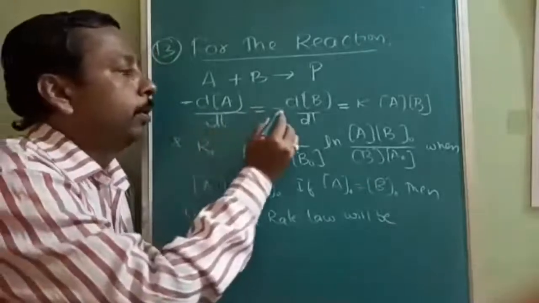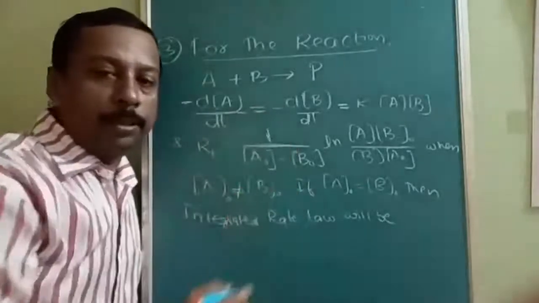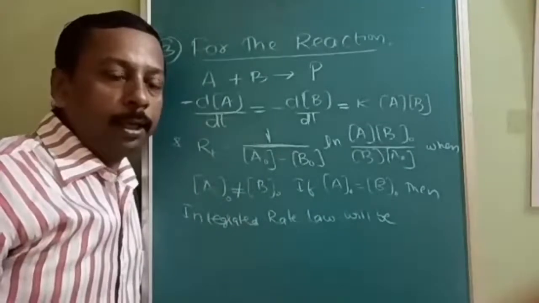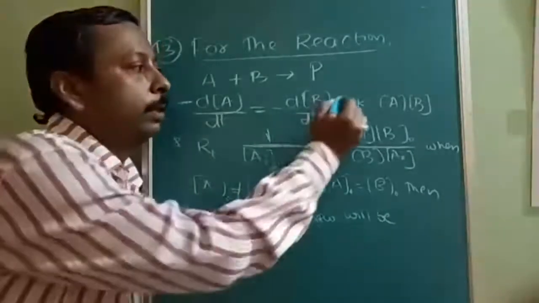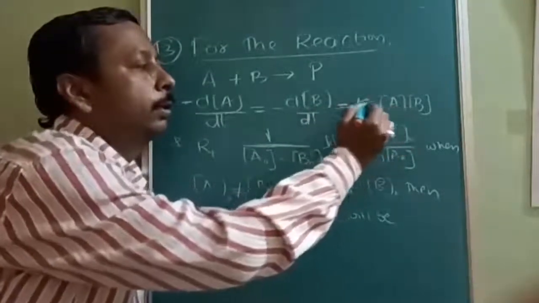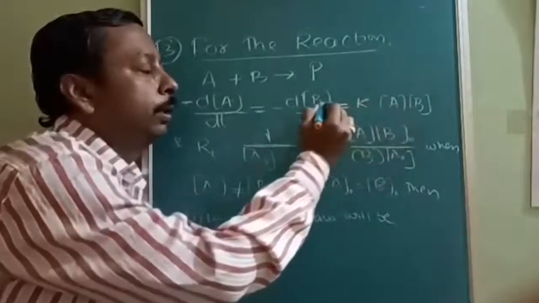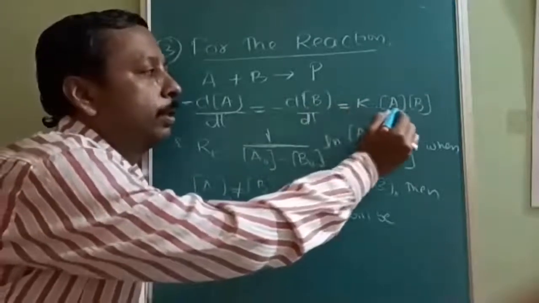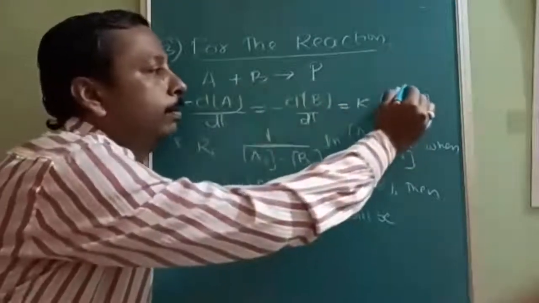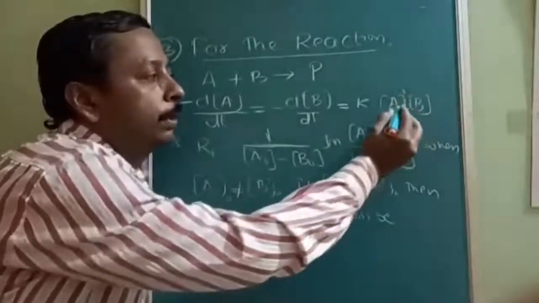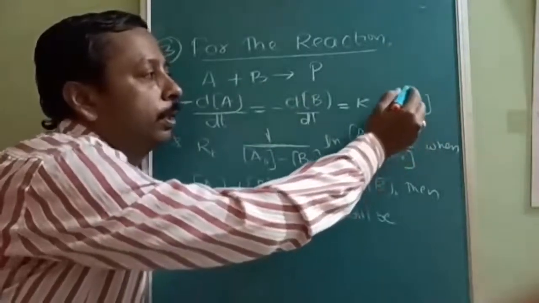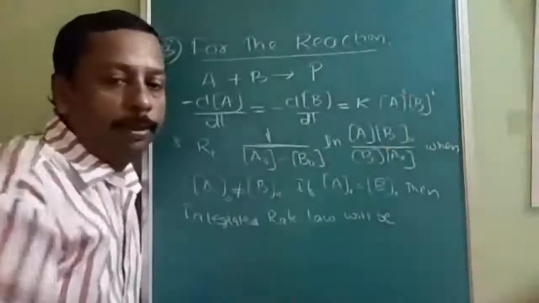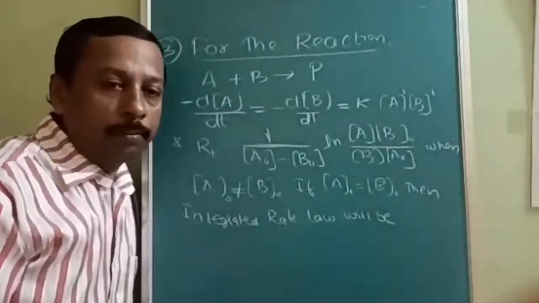If it is a product, then it will be plus. Product means concentration will increase and reactant means concentration will decrease. So the rate of reaction is equal to the rate constant into the concentration of A and B. That means with respect to A, the order is 1. With respect to B, the order is 1.